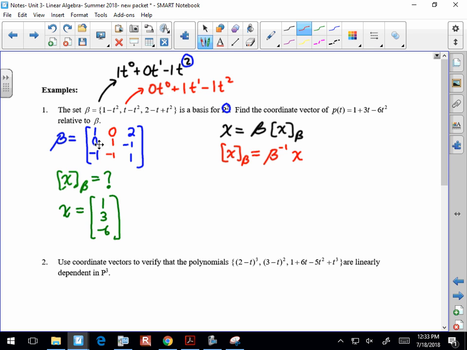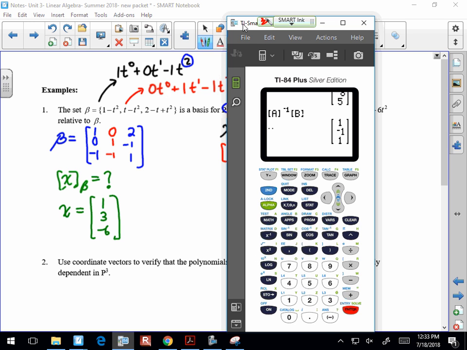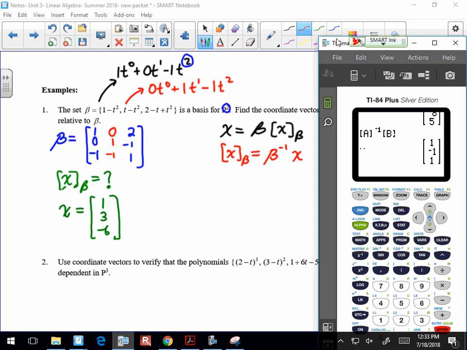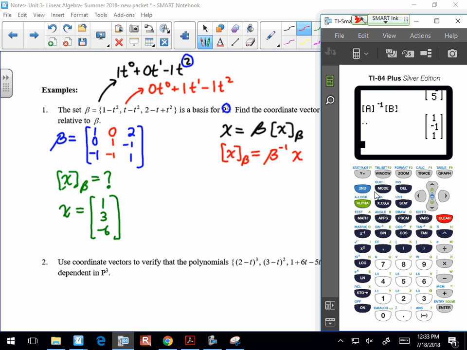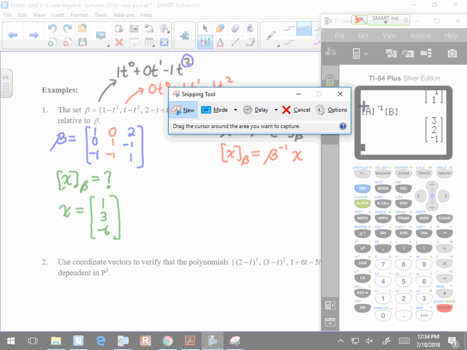But regardless, I'm just changing my a and b in my calculator and doing the same exact thing. And so we get this as my new vector.